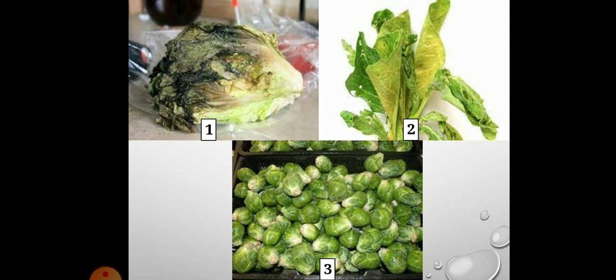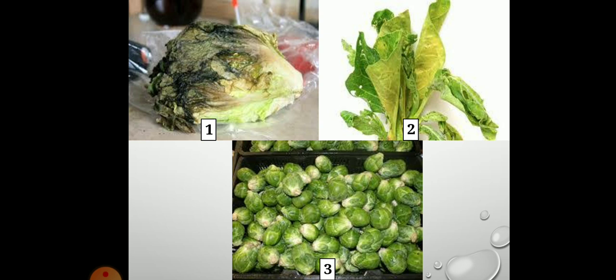So how will you maintain that? Harvested leafy vegetables must not be exposed to heat, sunlight, and mist or moist areas. So what will you do? At least it must be stored in a cool air temperature, cold air condition for at least 12 degrees Celsius and 50% relative humidity.